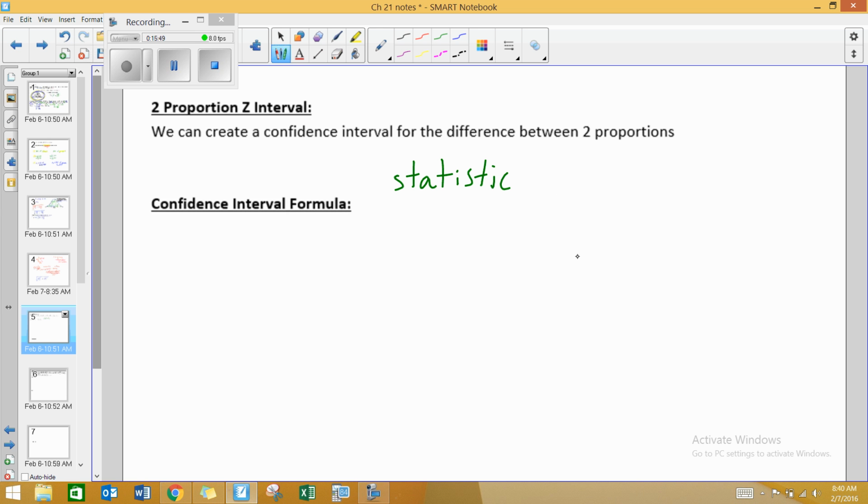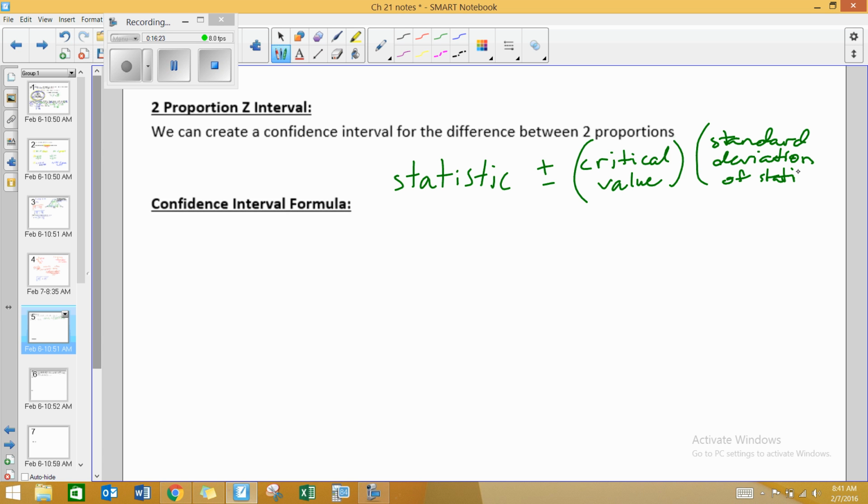So a sample proportion or a sample mean statistic, something you've calculated. And then we add and subtract a critical value. And that critical value gets multiplied by the standard deviation of whatever statistic it was you calculated.